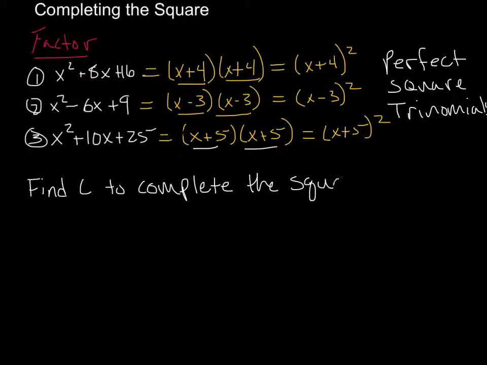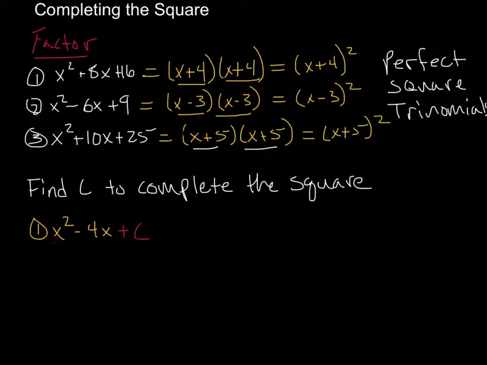And so maybe you get something like this: x squared minus 4x and then plus C. So what I have here is part of a trinomial. I have the x squared part and the minus 4x, but this part's missing. And I want to choose this number so that I get a trinomial that's one of these perfect squares.